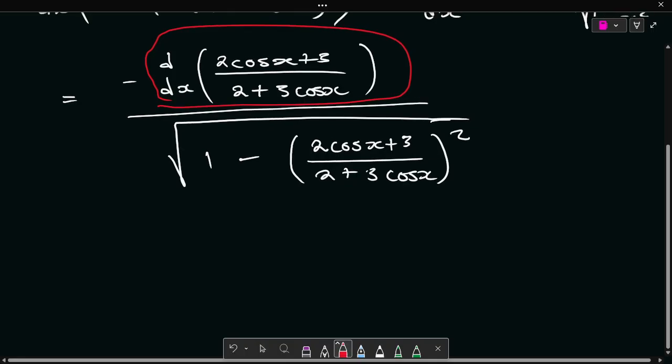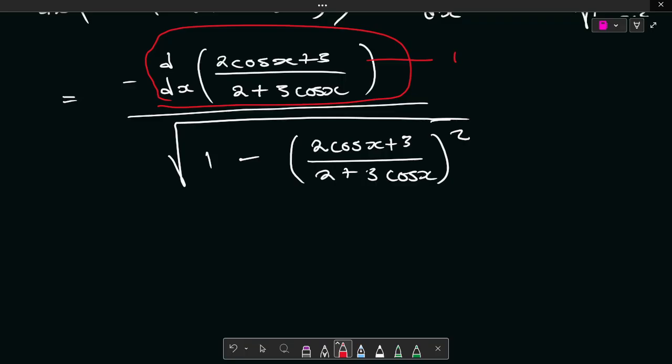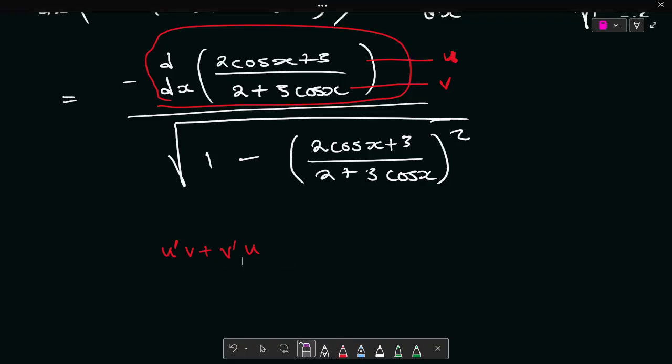It's a UV kind of situation, so we need to identify our U and our V. This is going to be U prime V plus V prime U. It's actually supposed to be a negative since we're using the quotient rule, over V squared.